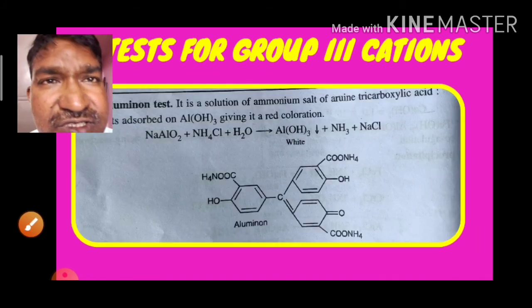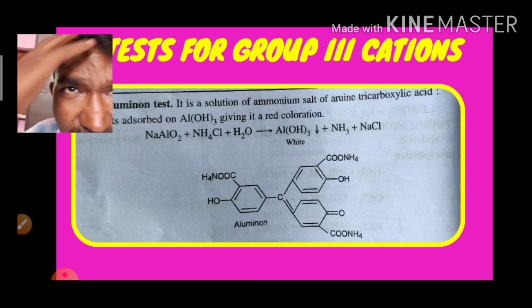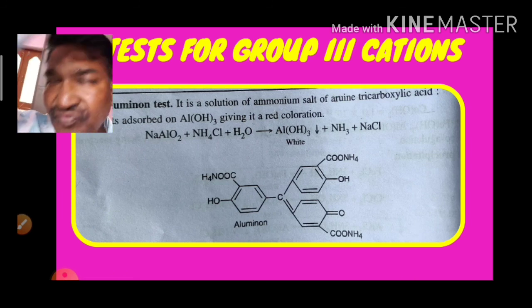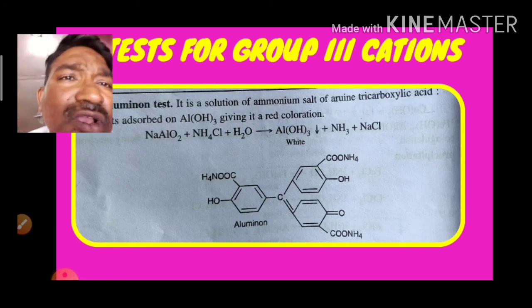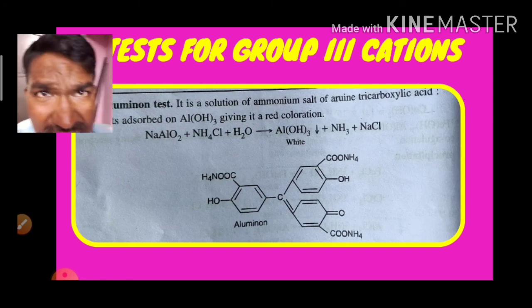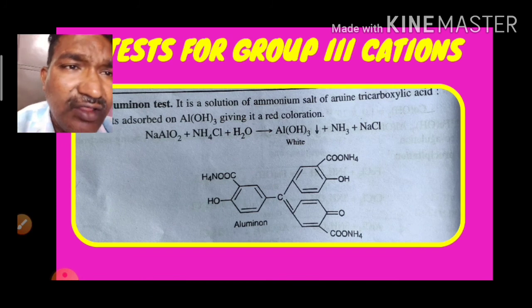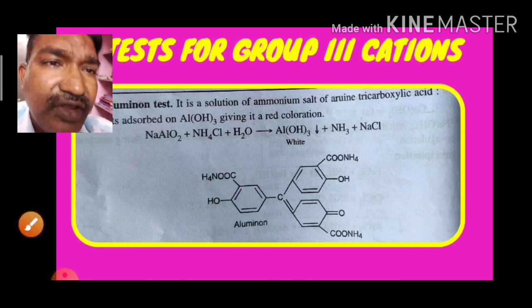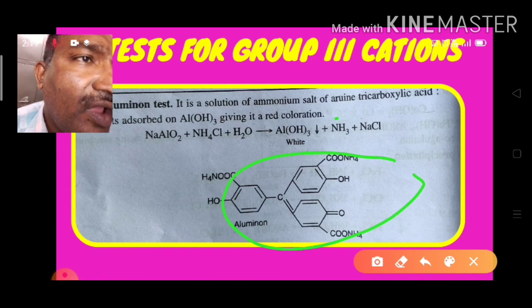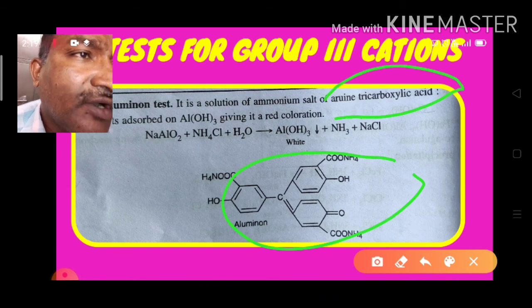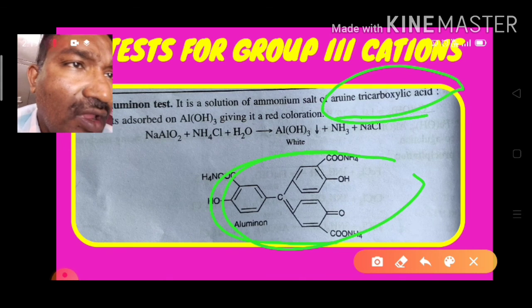One more confirmation test for the aluminum ions is the aluminon test. To that aluminum hydroxide precipitate we add the aluminon reagent. Aluminon is the ammonium salt of aurin tricarboxylic acid.